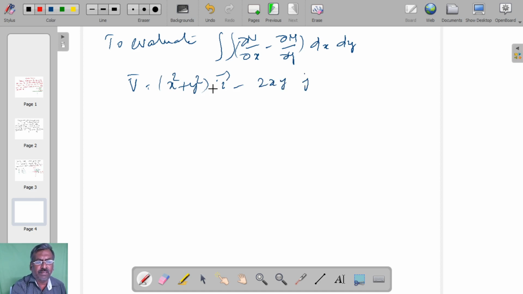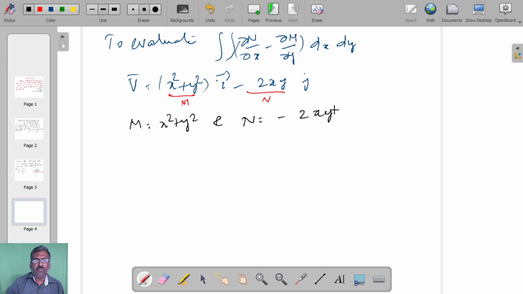So the coefficient of i is the M value, and the coefficient of j is the N value. Okay. So M equal to x squared plus y squared and N equal to minus 2xy.